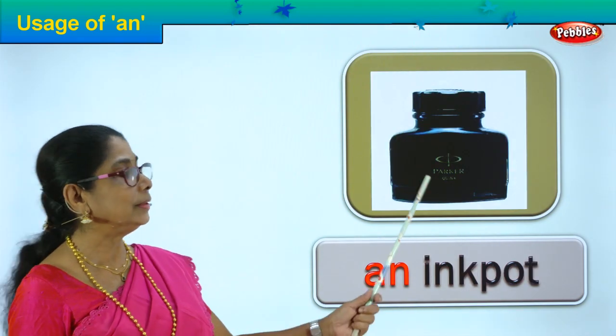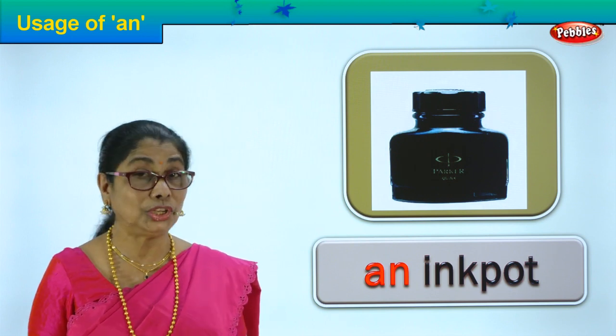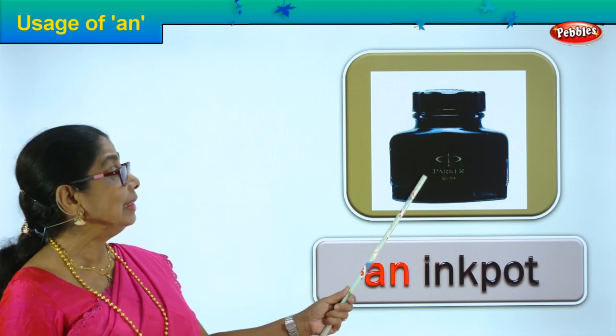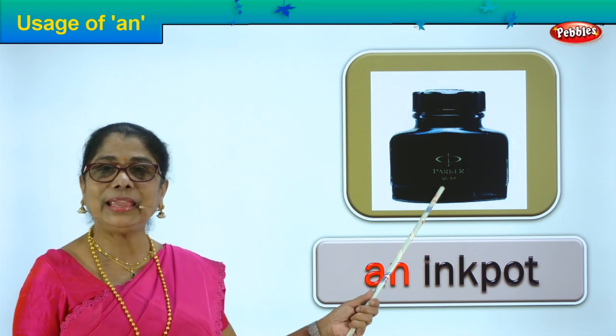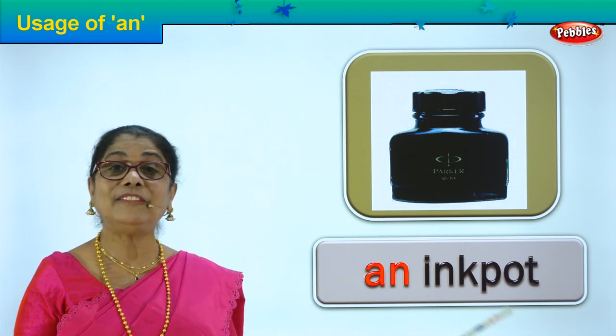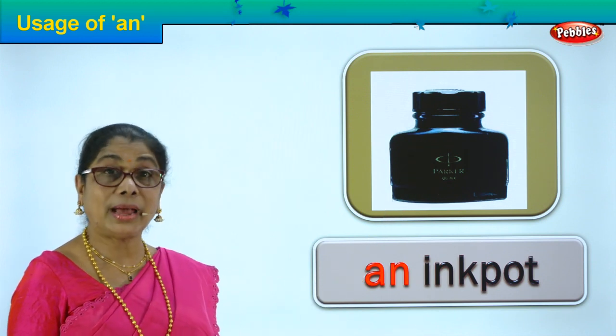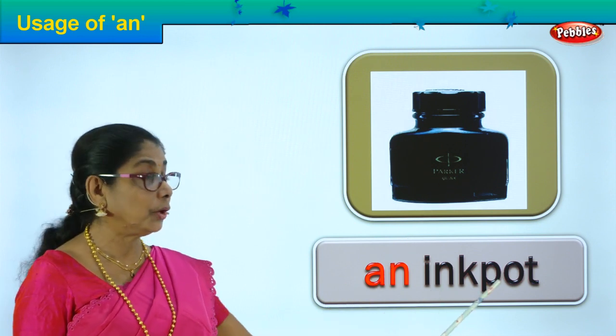See what you have here. What is this? Ink. Who uses ink? Your teacher, your daddy. This is an inkpot. There's a lot of ink in it. You can open a pen, fill ink and write. Spell inkpot.